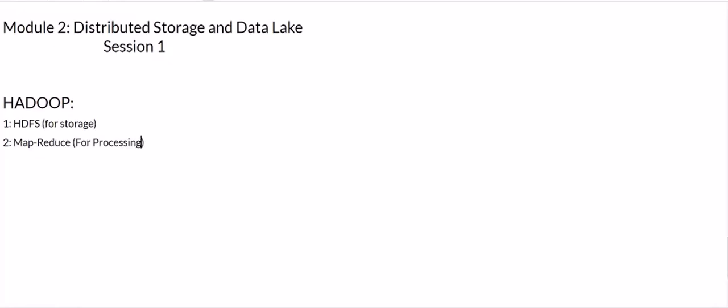When I say storage, this means distributed storage. When I say processing, this means distributed processing. And number 3 is YARN, which we will most likely see in module 8, YARN architecture for managing the resources.